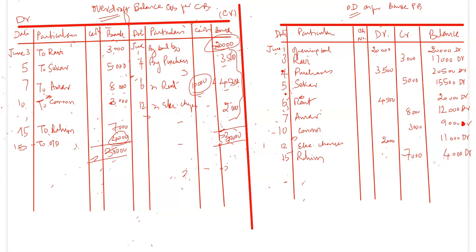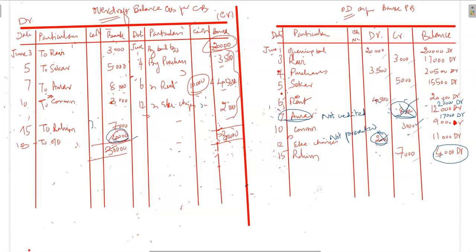Now what's happening here? On 15th, assuming that all the deposits were collected and credited on the same day, and the payment checks were also collected and presented. So earlier we were able to find that the balances were tallying.